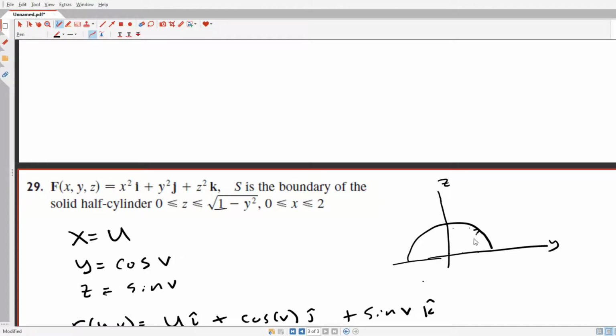So we have these vectors, and this angle right here is v. It's going to start at 0, start here, and go all the way around to here. So it starts at 0 and goes all the way around to pi.